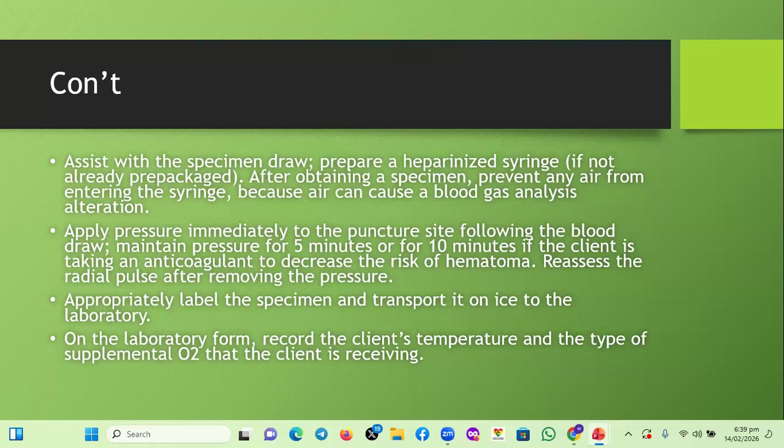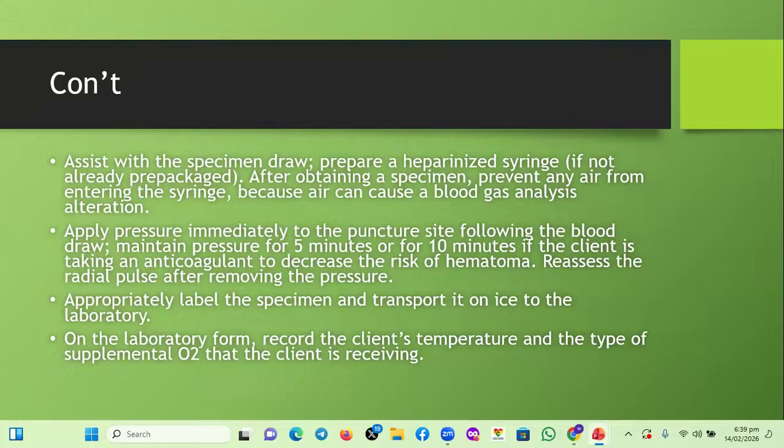But before you take it, you have to consider the client's situation. Just like I was saying, if the client has engaged in any activity that you think will affect the oxygen level, you don't take the sample. You have to probably wait. If you have suctioned the client, you know that when you suction the client, it also causes a depletion in the oxygen level.